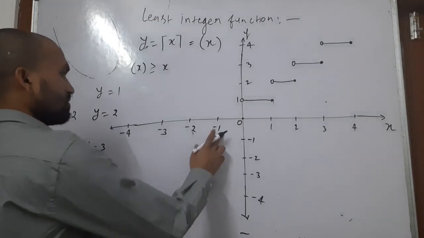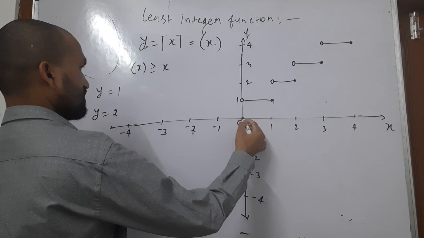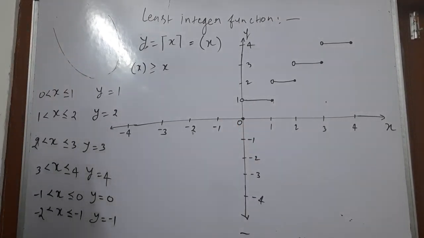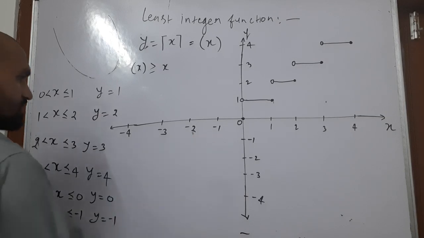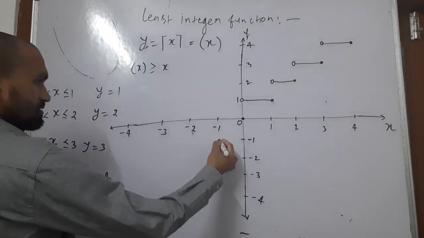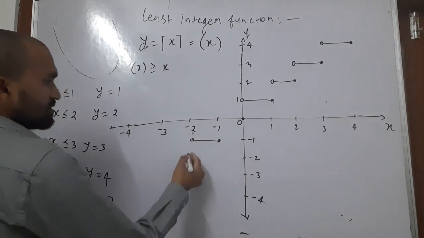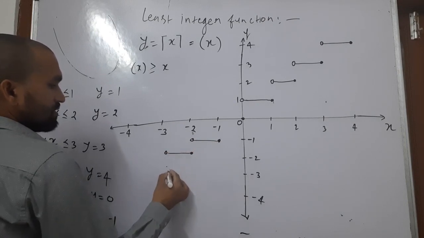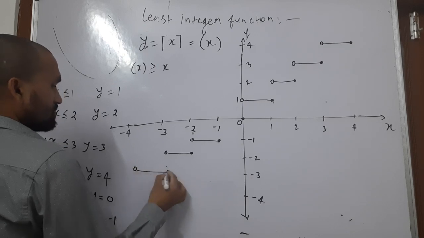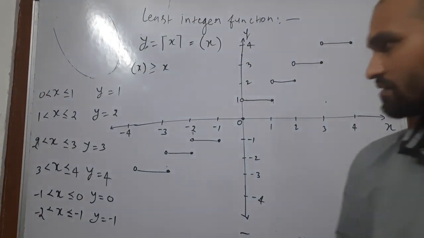Now between -2 and -1, -2 is not included and -1 is included, so we take a darkened circle here and a hollow circle there. Now join these points. Similarly, we take a darkened circle here and a hollow circle here. Join the darkened circle and the hollow circle, and after that join this. Okay, friends, so this is the graph of the least integer function.